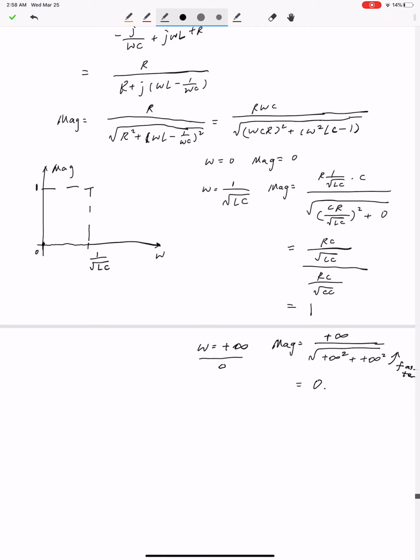Right, so the plot of this magnitude starts with 0, goes to 1 when omega equals 1 over square root of LC, and goes back to 0 again when omega equals positive infinity. Okay.